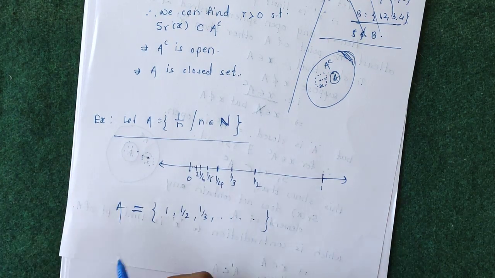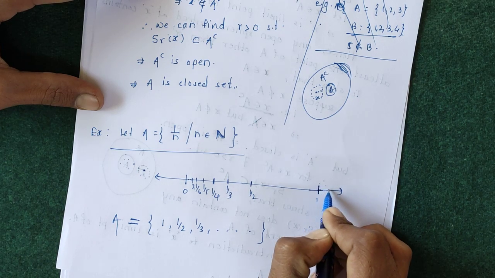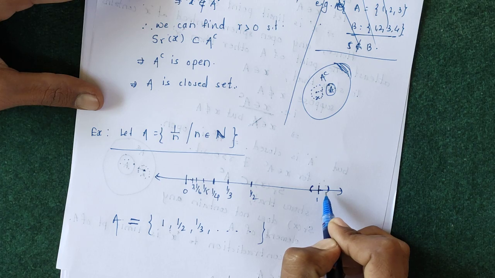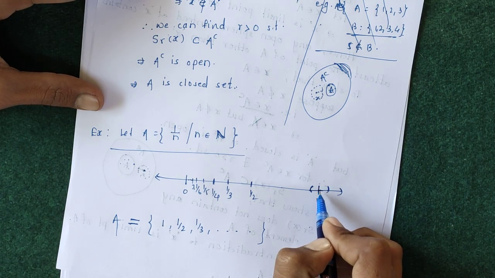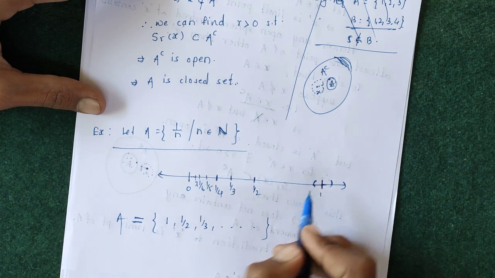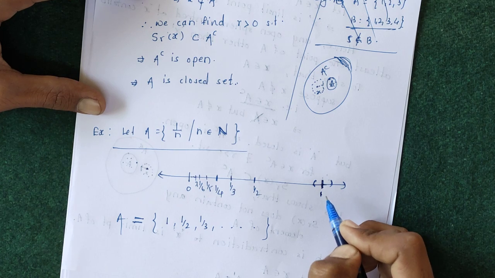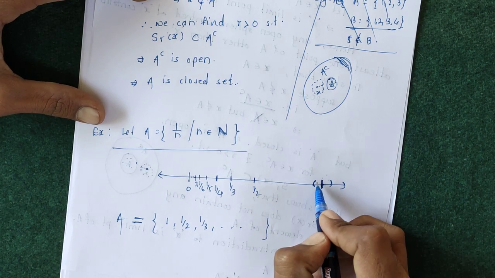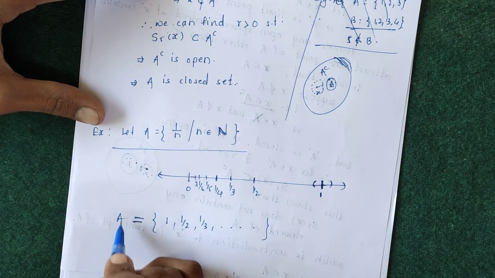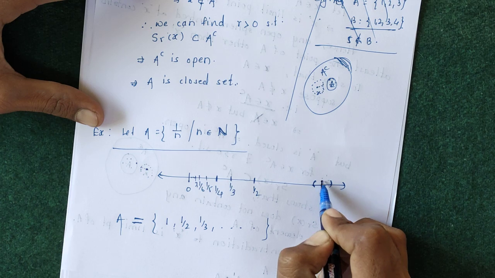All these elements are in the set A. If you take 1 and draw the open sphere, then this open sphere contains a single element of A, and that element is 1. But our definition of limit point says that the open sphere must contain at least one point of A other than the center, other than x itself.